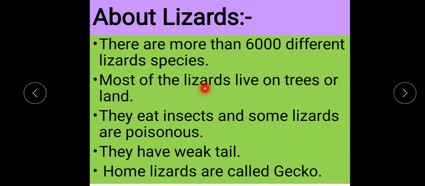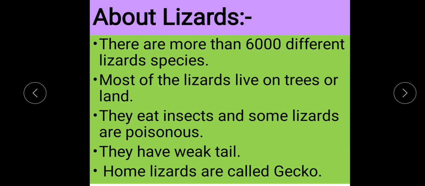Next point, most lizards live on trees or land. Okay, some lizards we can see on the walls of our houses and buildings. See, one amazing fact about lizards: lizards have a weak tail, right?